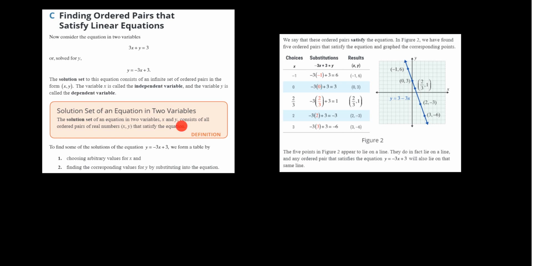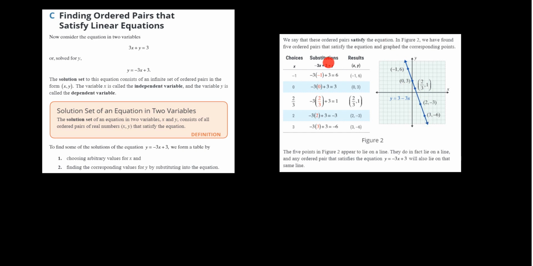A definition here: the solution set of an equation in two variables x, y consists of all ordered pairs of real numbers x, y that satisfy the equation. And of course we see examples of all these points here, 1, 2, 3, 4, 5, all 5 of these points satisfy this equation.